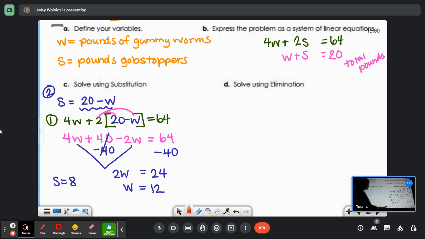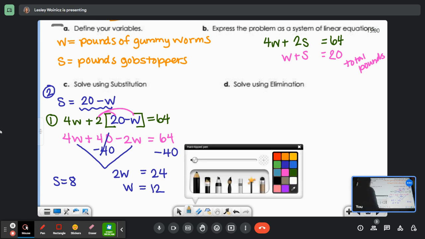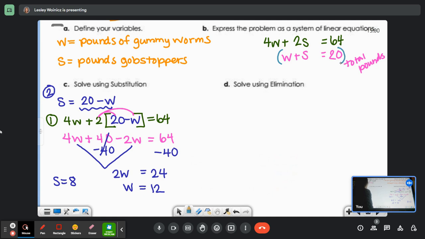W's? Okay. So if I want to cancel W's, what would get rid of a positive 4W? A negative 4W. So I'm going to multiply my entire equation 2 by negative 4.